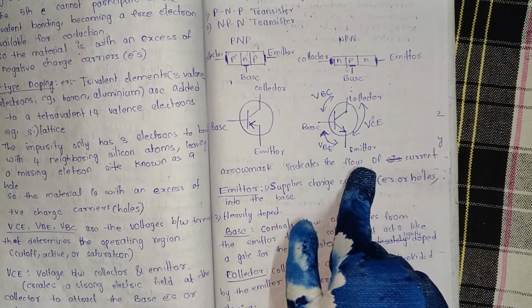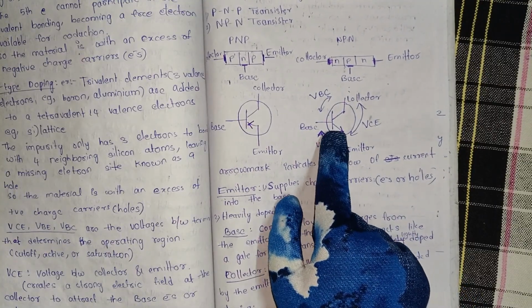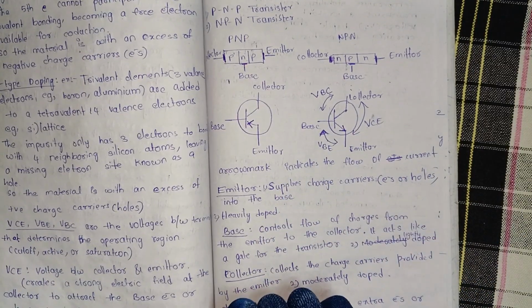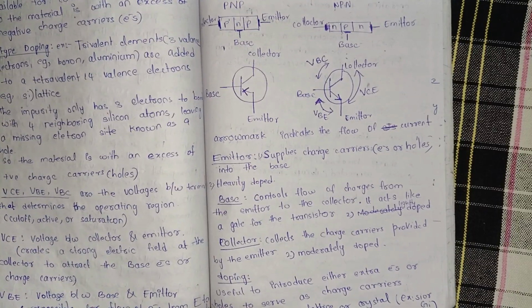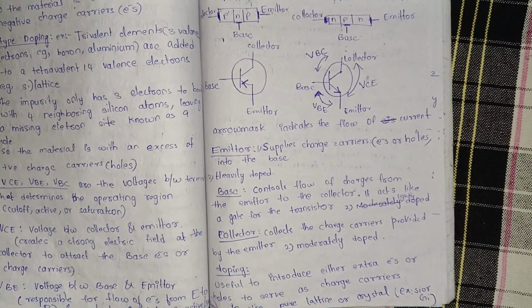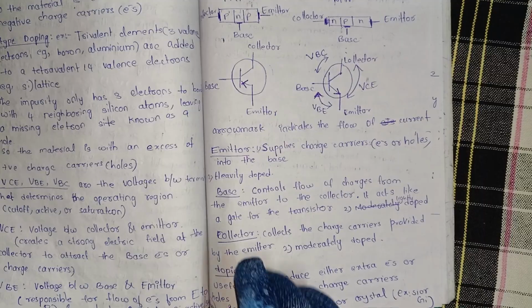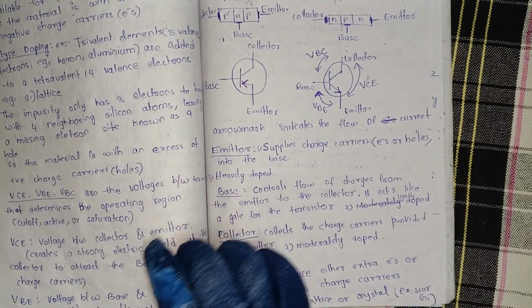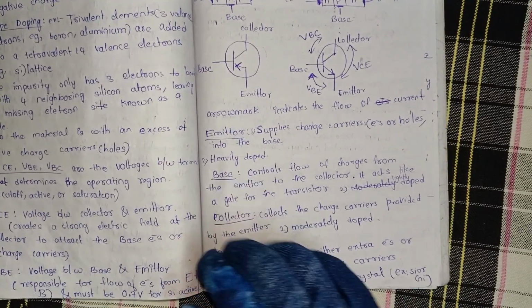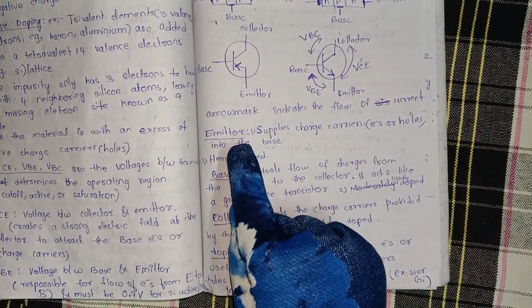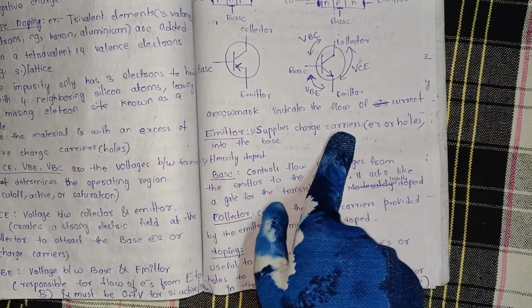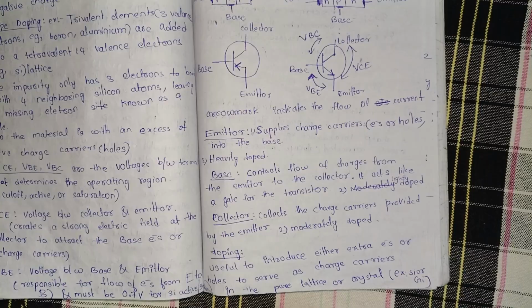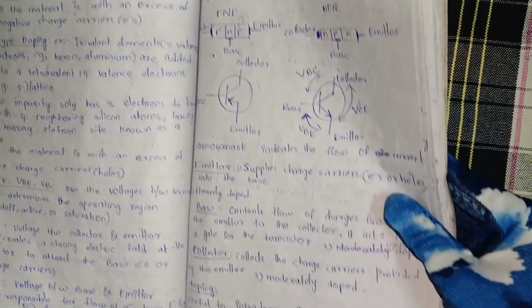Then the arrow mark indicates the flow of the current. Here the emitter arrow mark indicates the flow of current. And then we will see what is emitter, base, collector, and doping. So then emitter supplies charge carriers, electrons or holes, into the base, which is here.